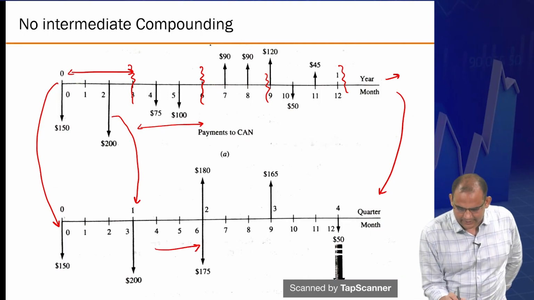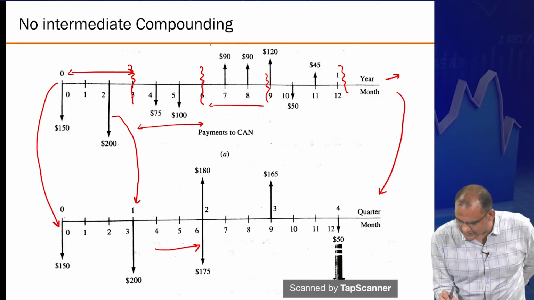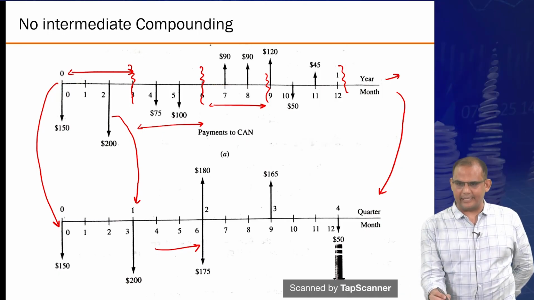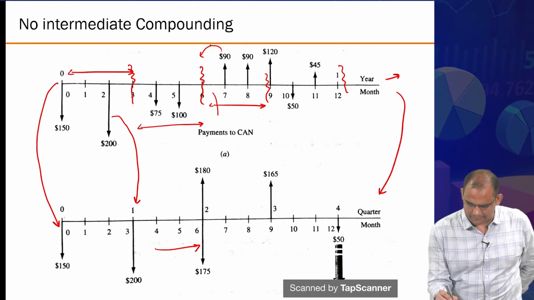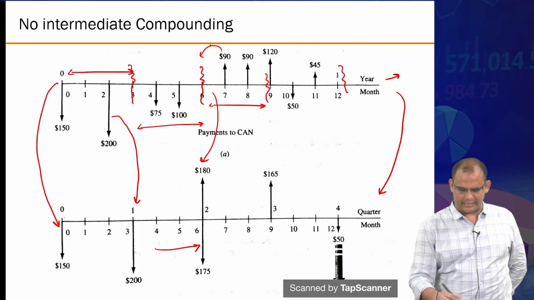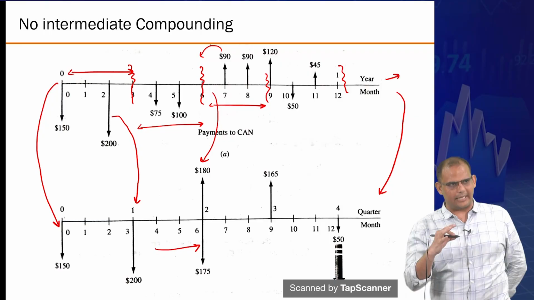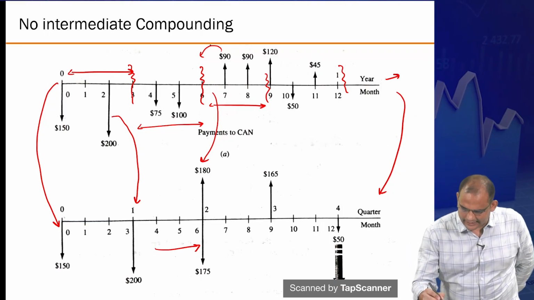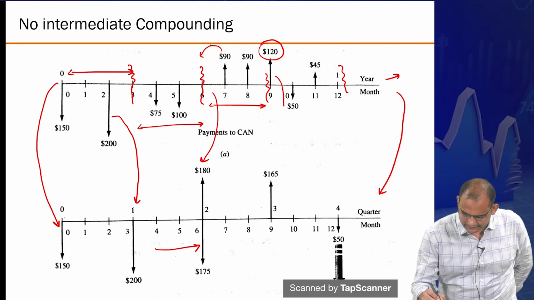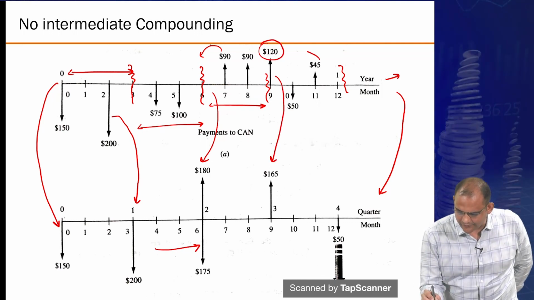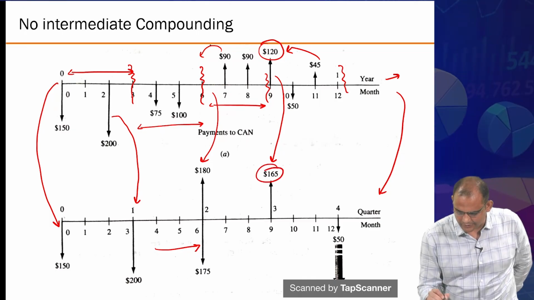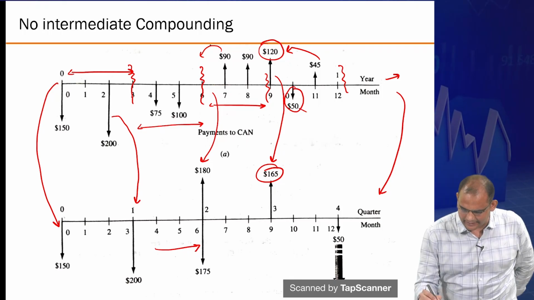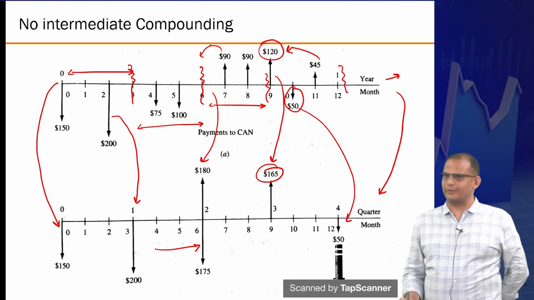That comes at the end, but the positive of this cycle, which is 90 and 90, gets shifted to the beginning. So your net cash flow series at this time will become 180 and 175, like this. Again, whatever is happening here remains here, but this 45 comes to make it 165. The total loss in this period becomes 50, which goes towards the end.